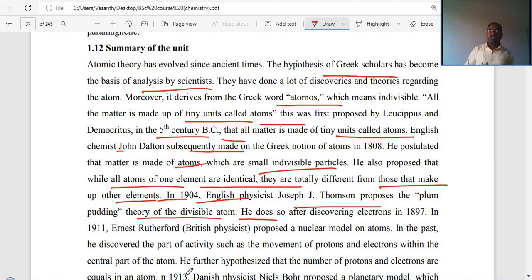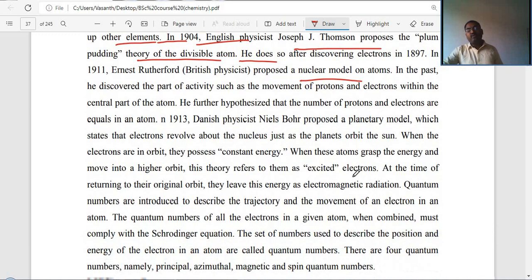Using the Rutherford gold-leaf experiment, we express the structure or design of these atomic models.